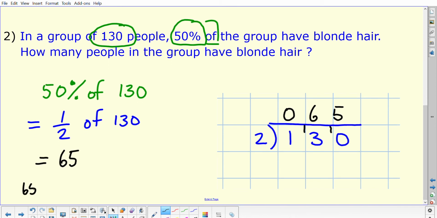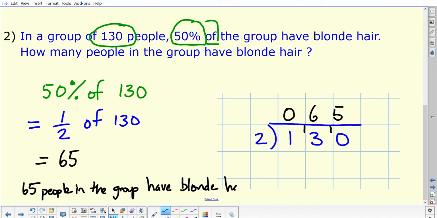That would be 65 people in the group have blonde hair. And you would write out a little sentence if it was a little problem question that you were doing. So that question was a wee bit different because you had to pick out the 50% part of it and write it down.